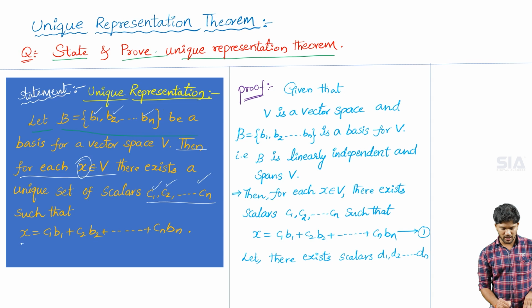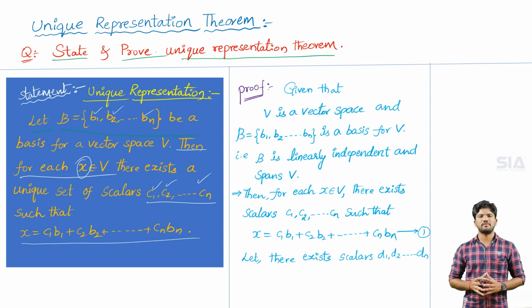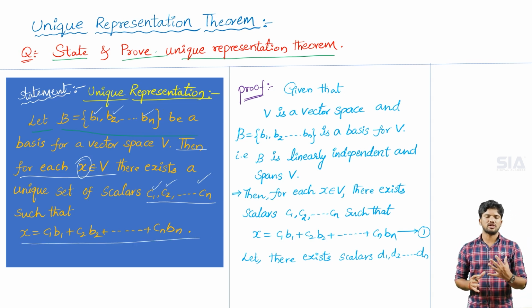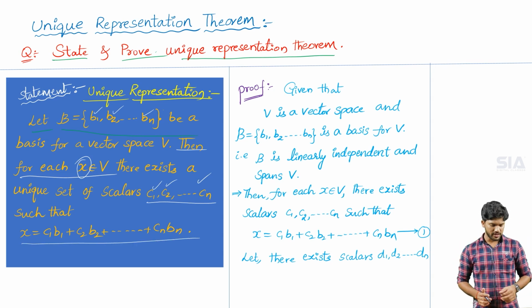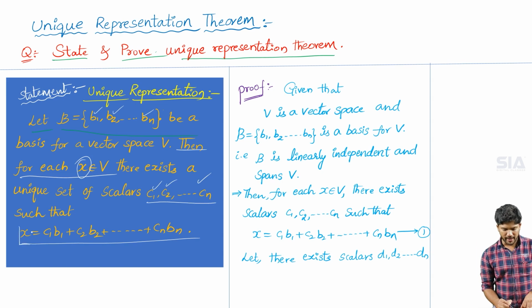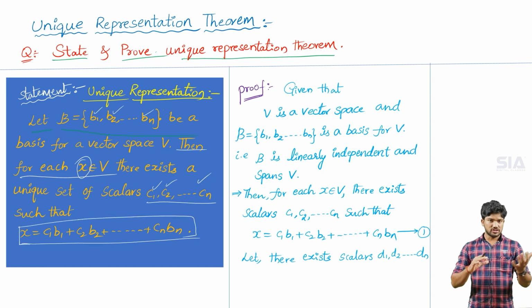That unique way is x equals c1 b1 plus c2 b2 up to cn bn.